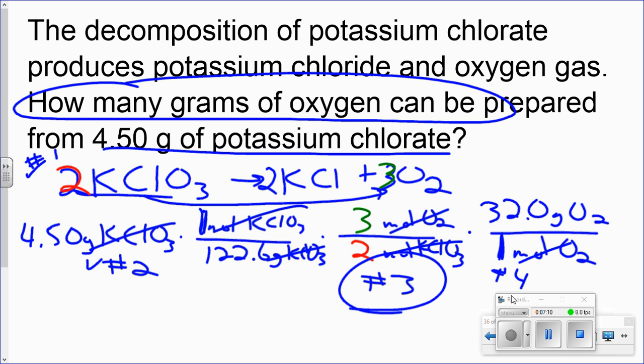That's 16 times 2. So all we have to do is calculate now. 4.50 divided by 122.6, press equals, times 3, press equals, divide by 2, press equals, times 32, press equals. You end up with 1.76 grams of O2 produced.